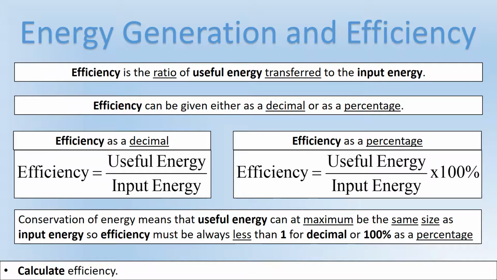So with any given process, you cannot get more energy out than you put in. So that gives you a limit: for a decimal efficiency, the biggest number it can be is 1, or for a percentage efficiency, the biggest it can be is 100%. And if you get a value above those, you know you've done something wrong.